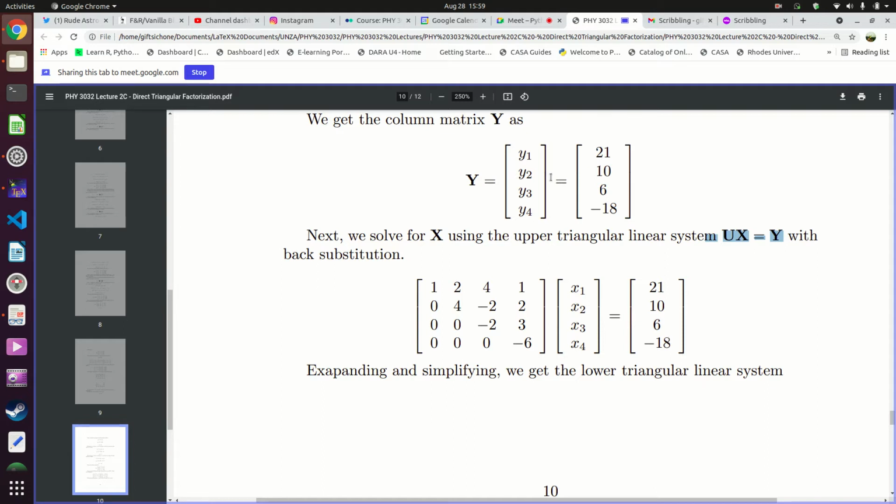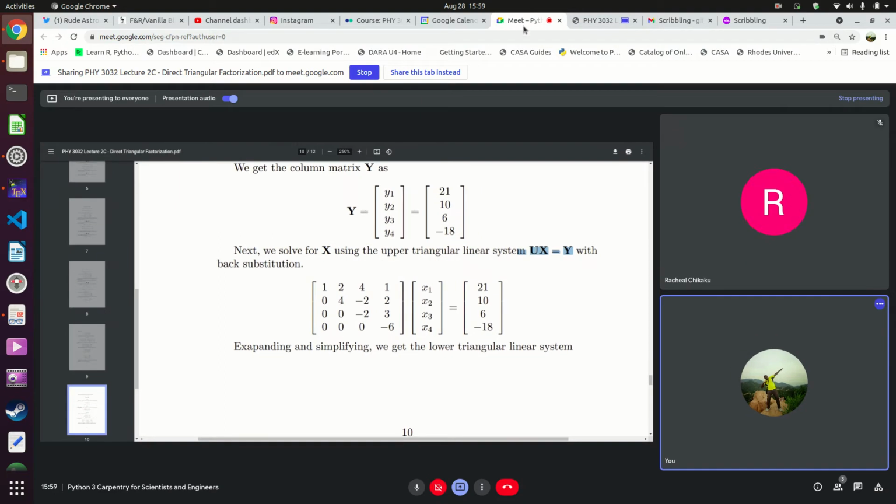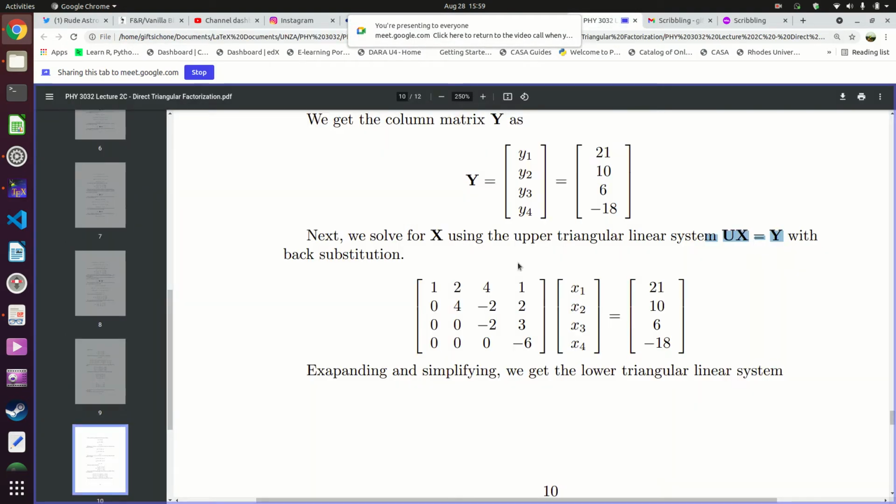Is that clear? Next, we multiply the first row by this, then the second row multiplied by this column matrix, the third row multiplied by this column matrix, the fourth row multiplied by that column matrix.